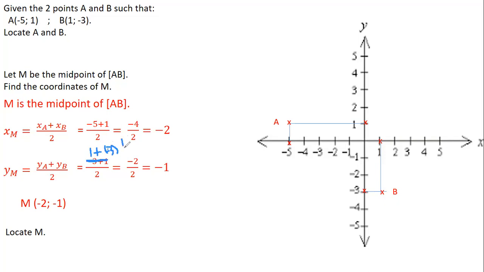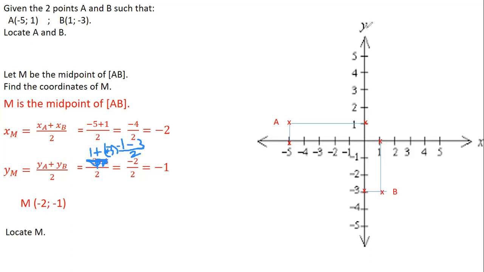So I will get 1 minus 3 over 2, which is minus 2 over 2, and minus 2 over 2 gives me minus 1. So 1 plus negative 3 is equal to 1 minus 3 over 2. So the ordinate will be minus 1.